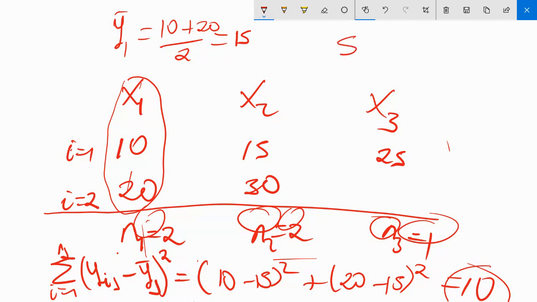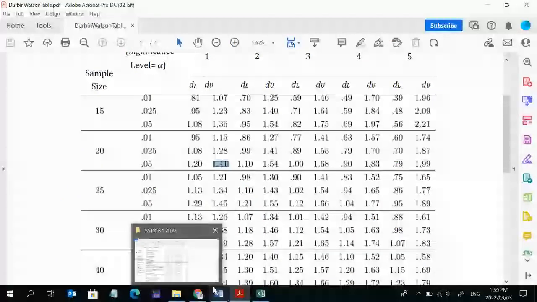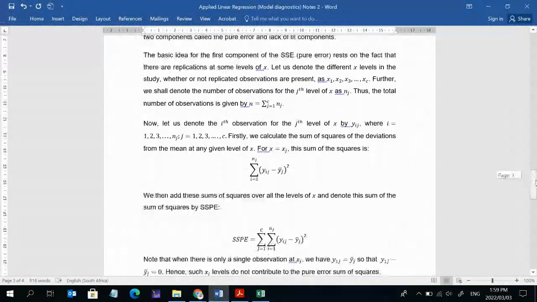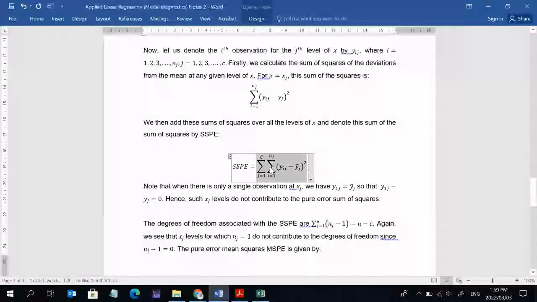That gives us our SSE, which is the sum of squares due to error. Let me go back to the notes. The sum of squares due to error is the sum of the sum of the deviations per x level. Is it clear?